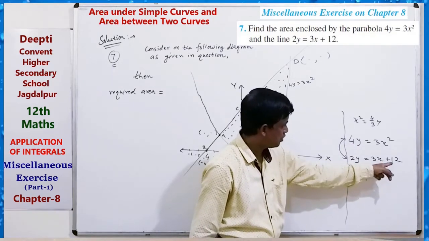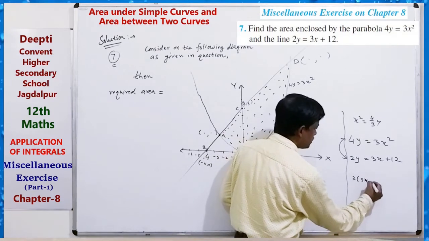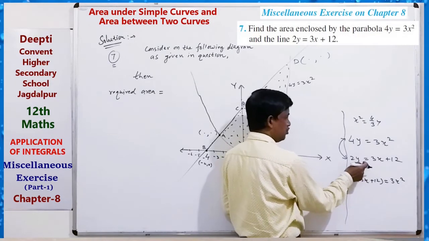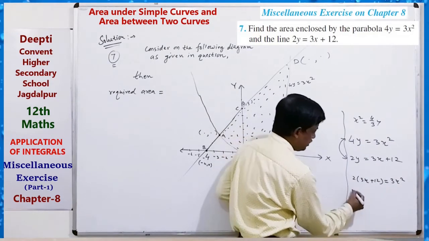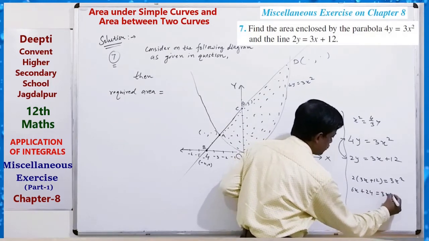So 2 into 3x plus 12 equals 3x square. Just put 2y equal to this here. Now solve it. 6x plus 24 equals 3x square.